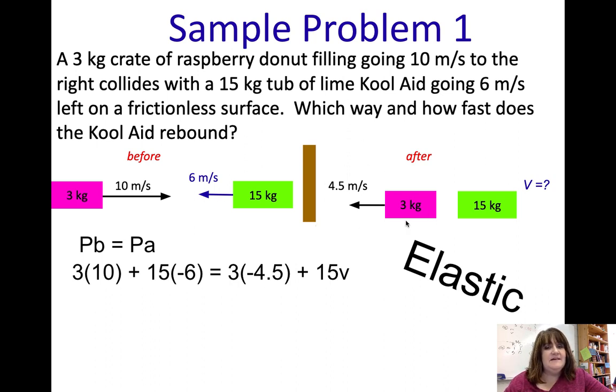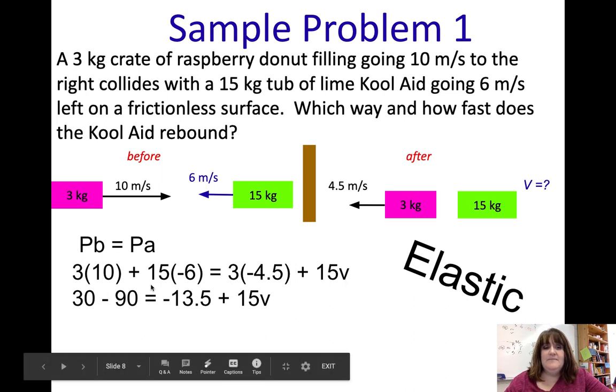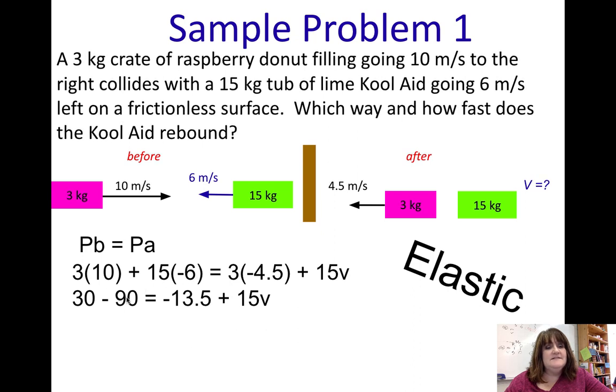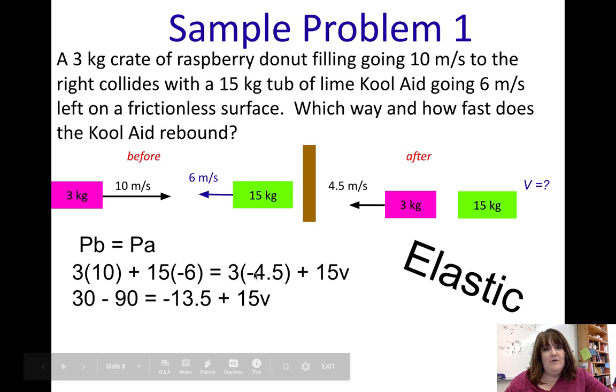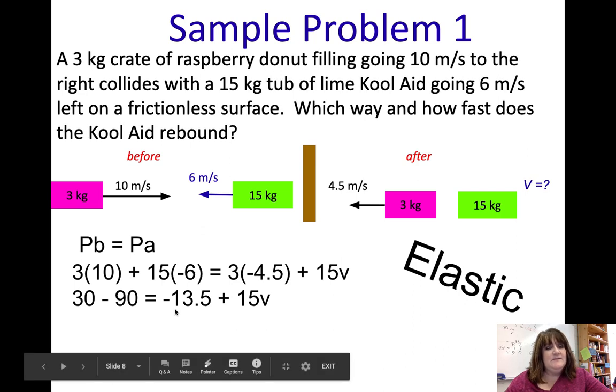3 times 3 times negative 4.5 plus 15 times v. I don't know the velocity. Do the math. 3 times 10, 30. 15 times a negative 6, negative 90. 3 times a negative 4.5, negative 13.5, plus 15v.